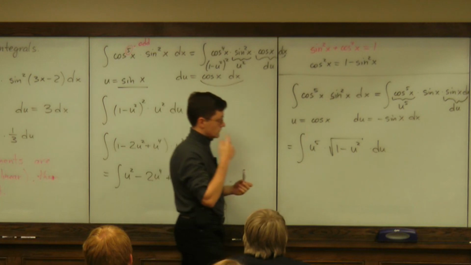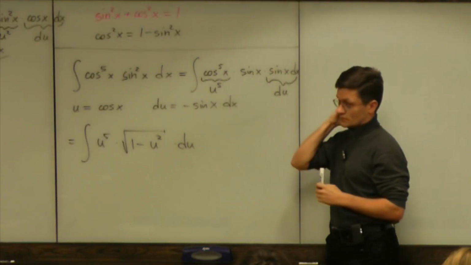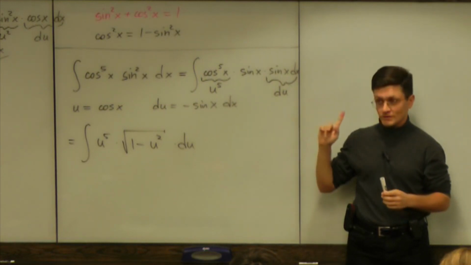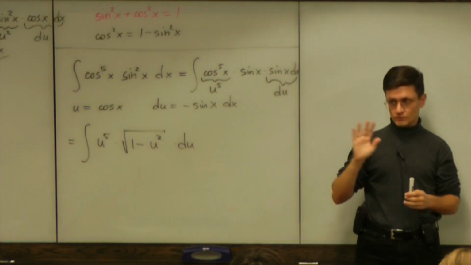Okay, so there is not much to memorize at this point. Very simple substitution. And we will not use any other substitution. We will only try u equals sine or u equals cosine.